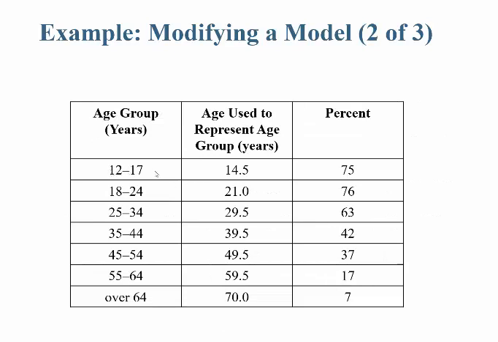So I'm adding an age group 12 to 17, using the age between them to represent the group. That percentage is 75. And then another age group, over 64, so I'll use 70. They have about 7% of people who are cell phone users.